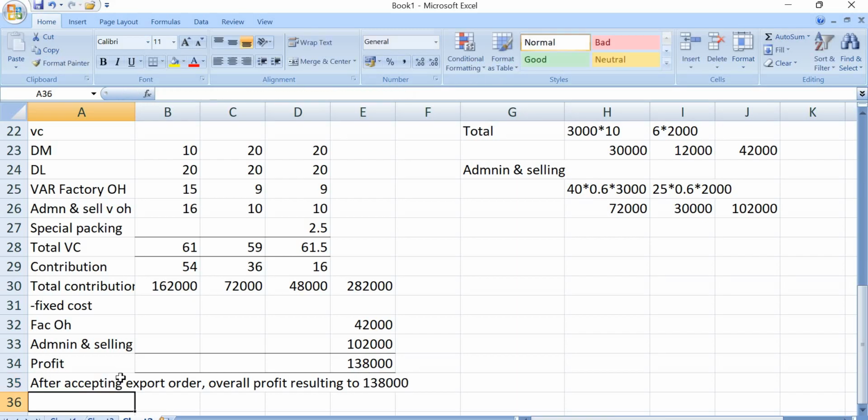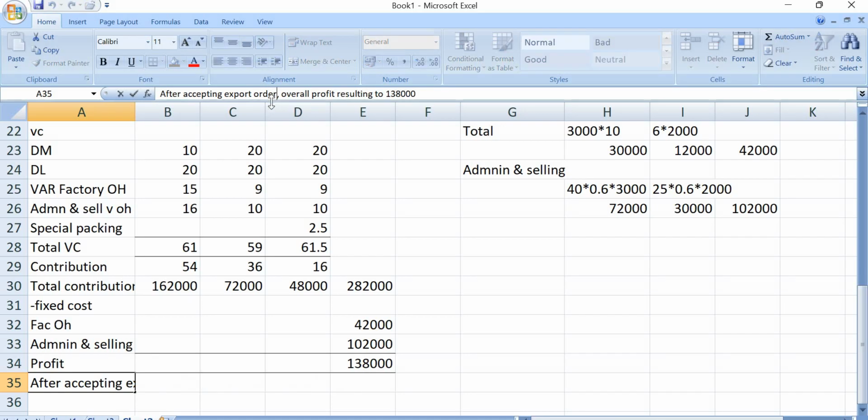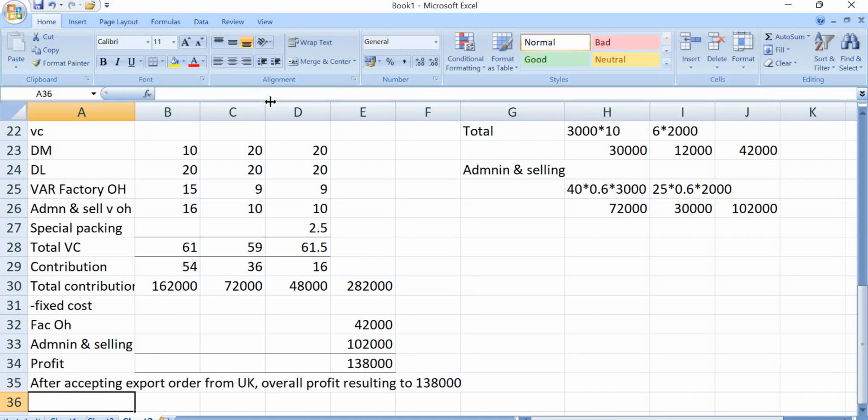So if you miss writing these two comments, first comment is accepting export order of B from UK, at least you will miss 2 to 3 marks. So remember to write comments for this type of question. Whenever they are asking advice or recommendation like that, remember to write comments. So after finishing your question, remember to check this too.